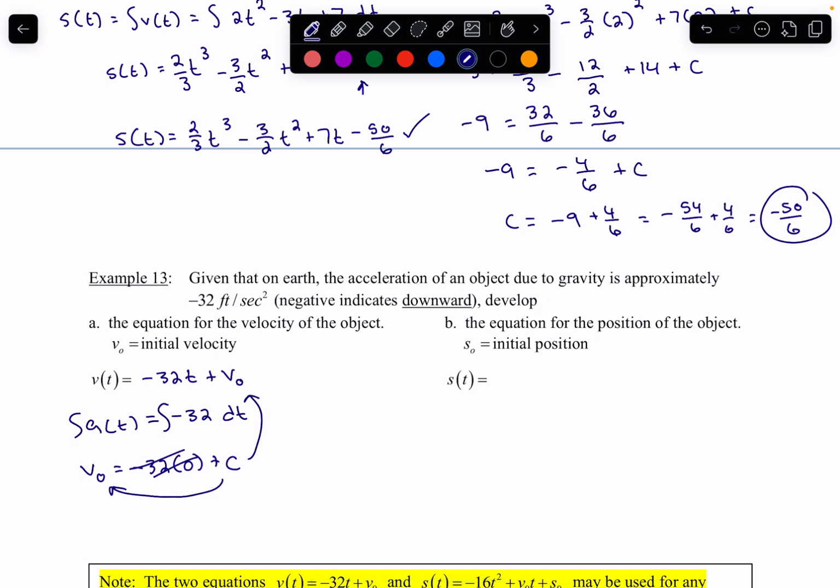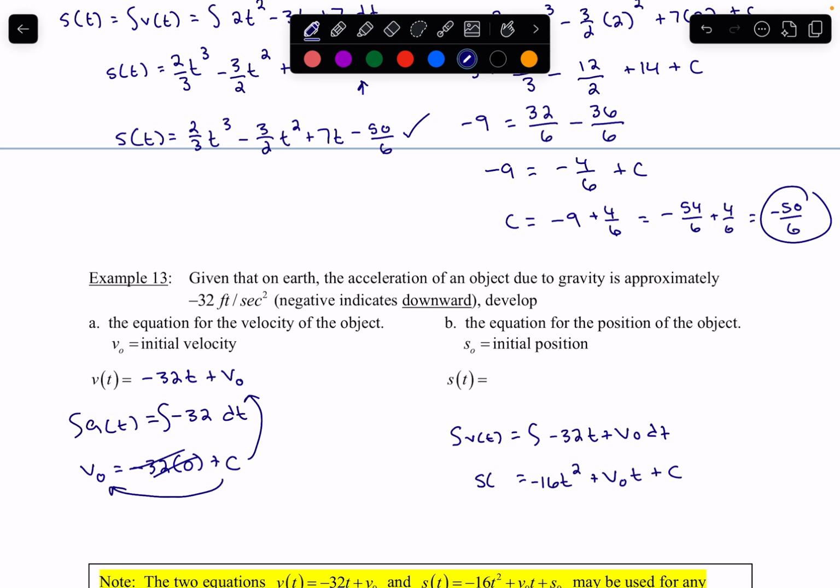And now I'm going to do the same thing for position. If I take the integral of v of t, then I'm going to get the position function. So if I take the integral of negative 32t plus v naught dt, I get t squared, and then I have to divide by 2, so I get negative 16. v naught becomes v naught t, and then I get a plus c.